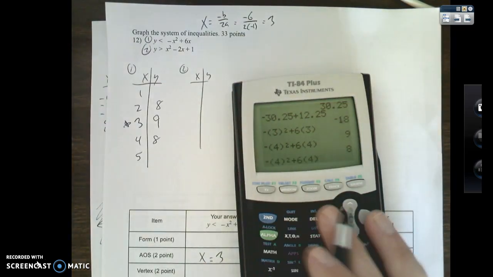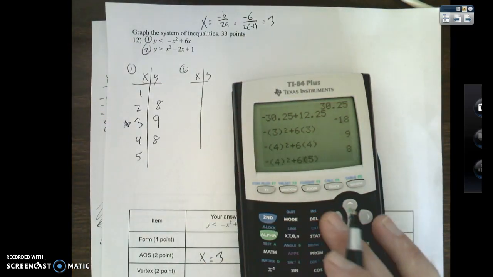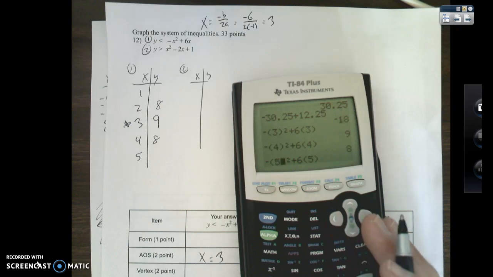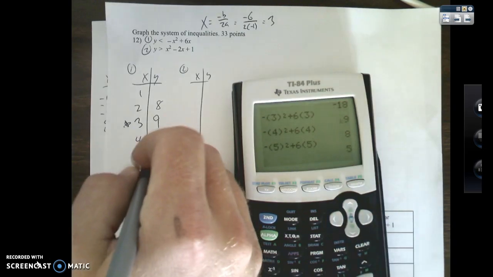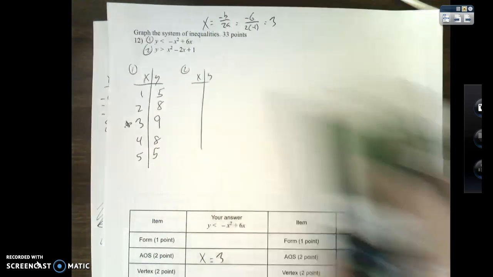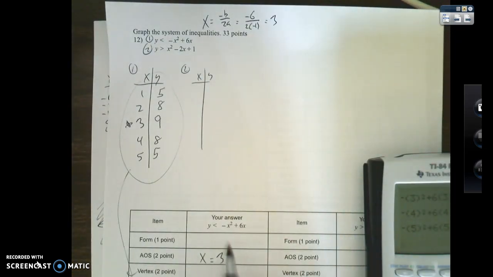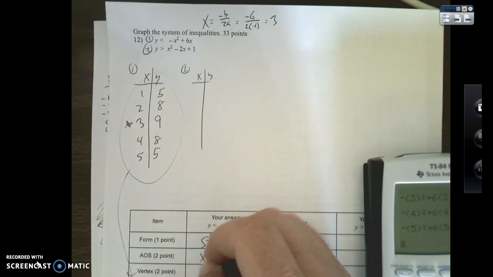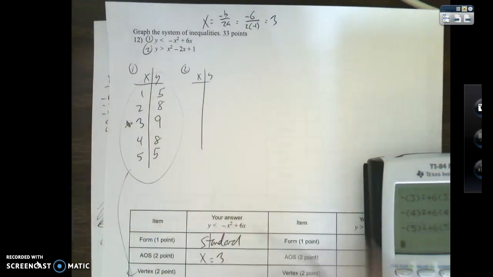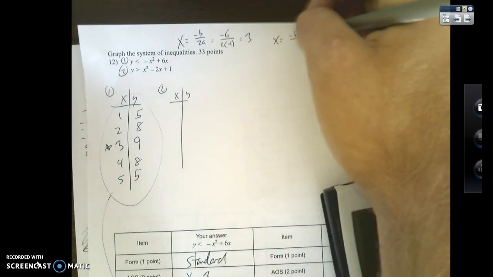If I change that 4 to a 5, 5. All right, so we can transfer all of this down here. We're all good. It does say form. This is in standard form.